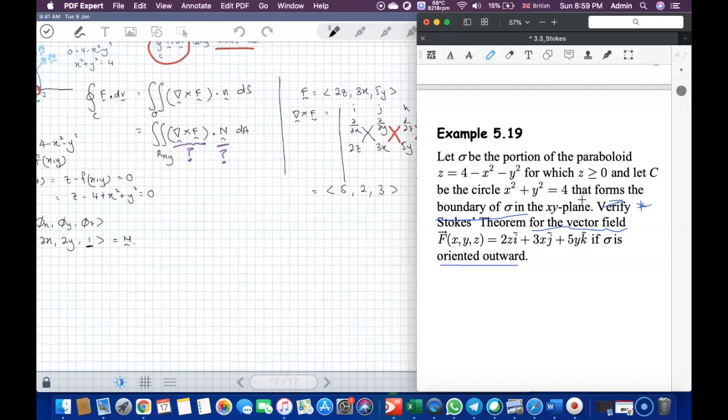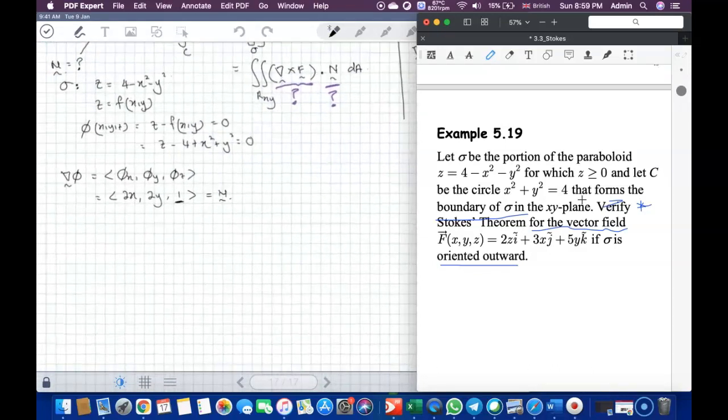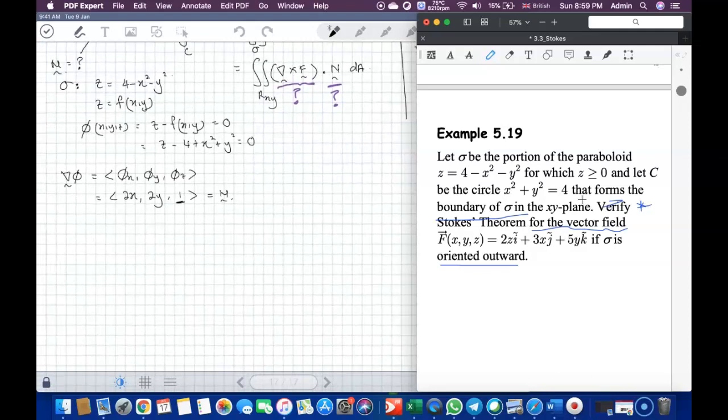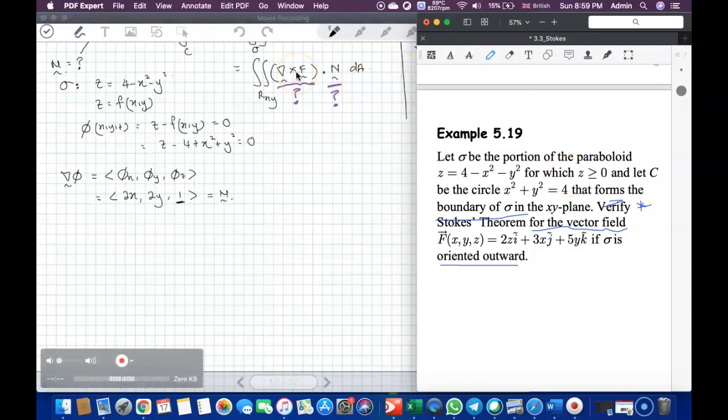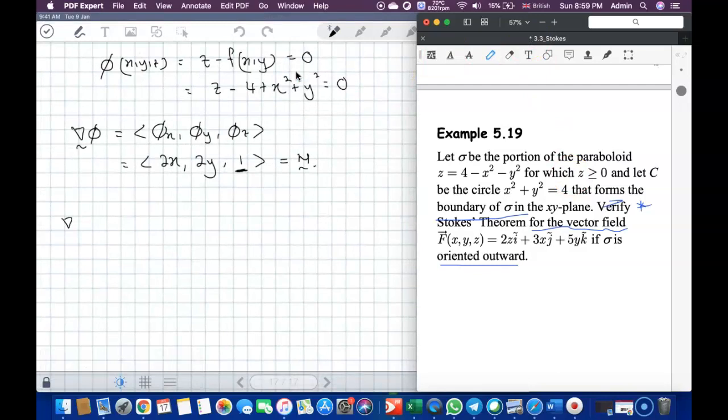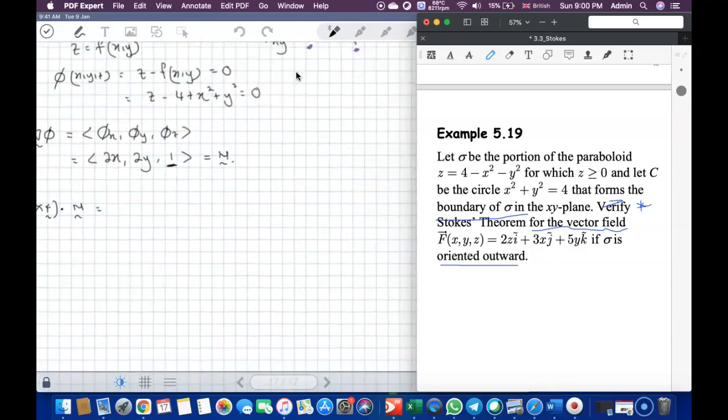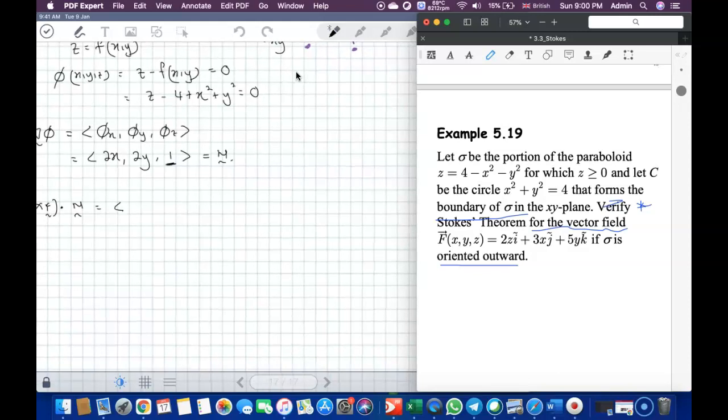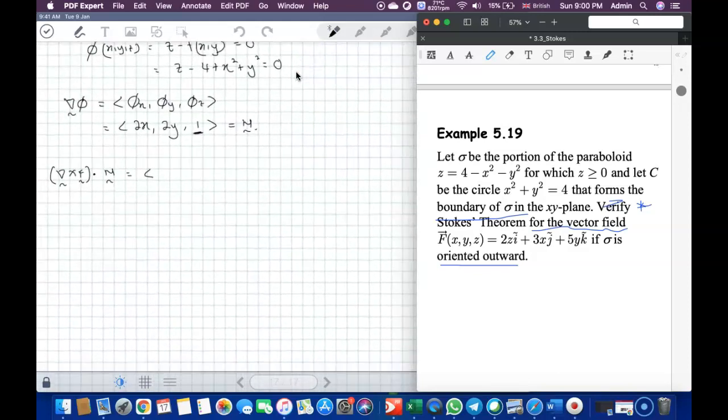So now you have to find the dot product. From the formula here, you have to find the dot product between the curl f and n. Your curl f just now is 5, 2, 3, and dot with n you have components 2x, 2y, and 1.